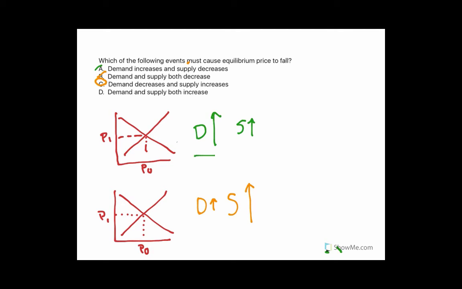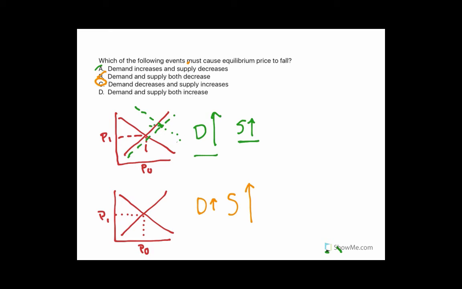So starting with the first one, a large increase in demand would be a large rightward shift in demand, and a small increase in supply would be a small rightward shift in supply. So putting a small one in there.